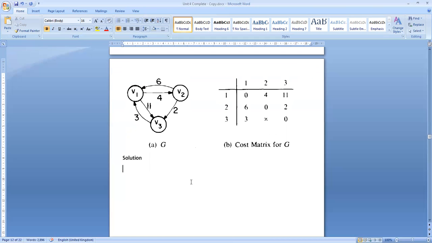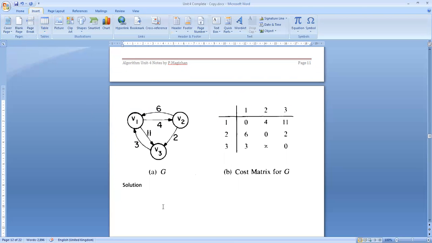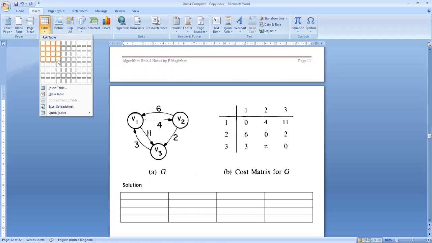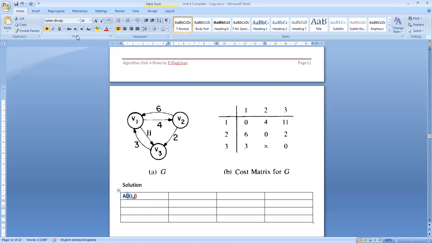I create a 4 by 4 matrix, and this is A naught of i comma j.